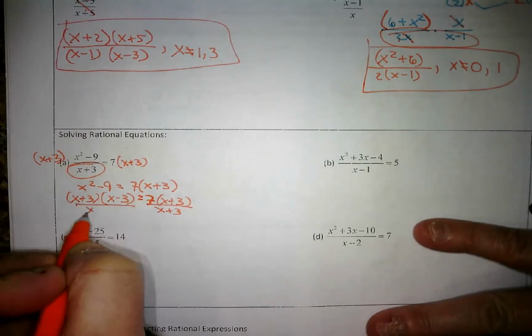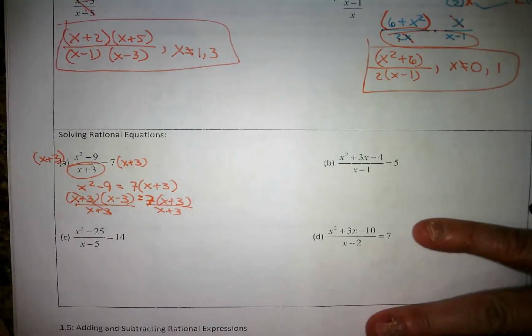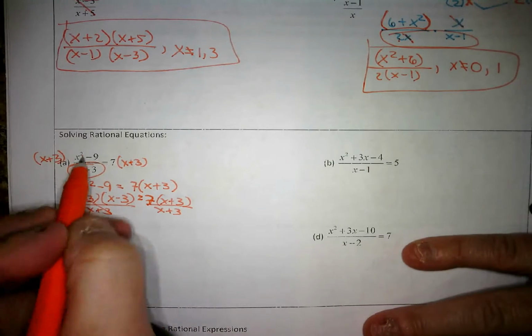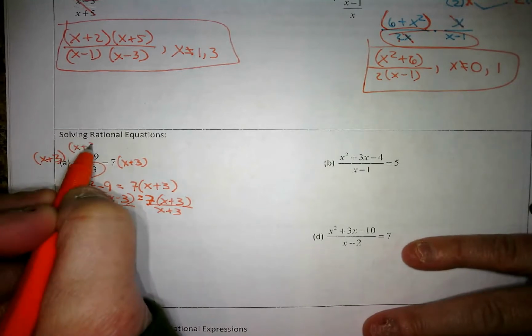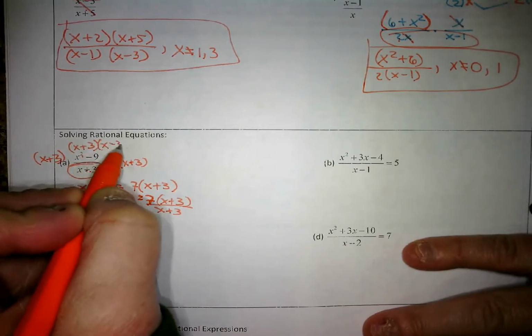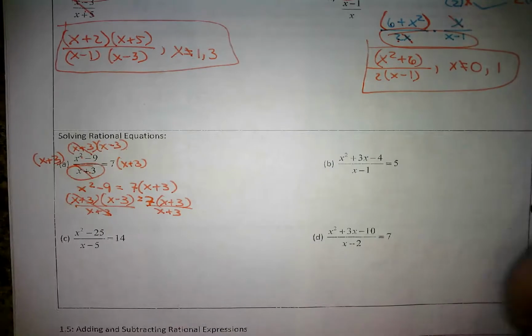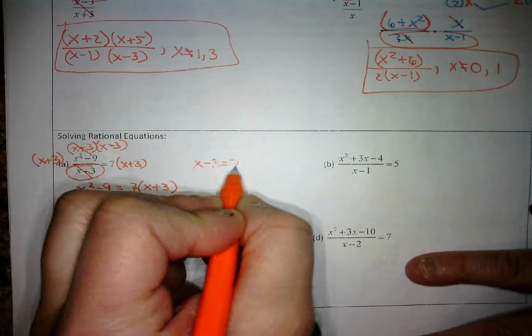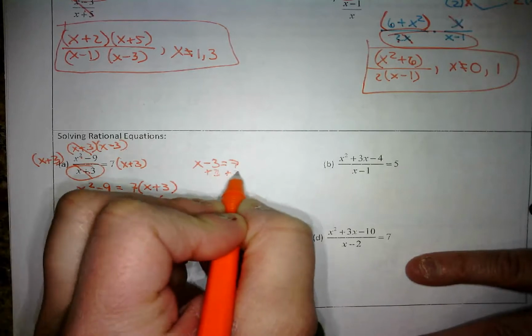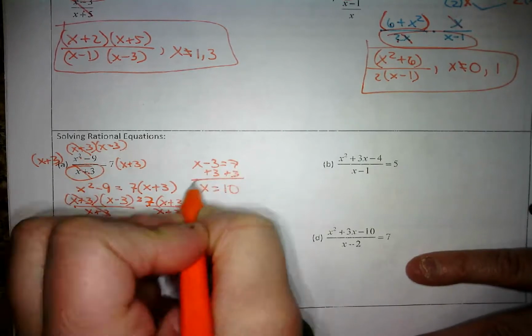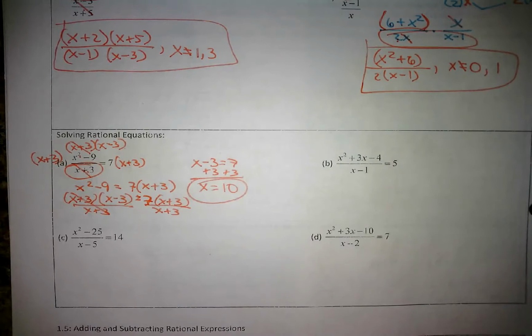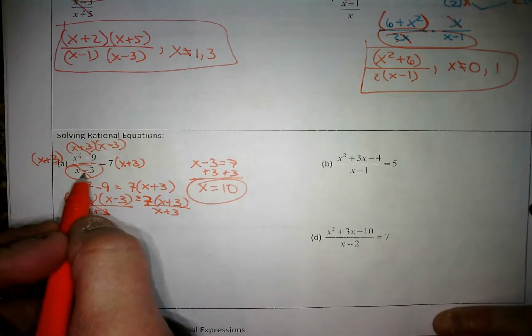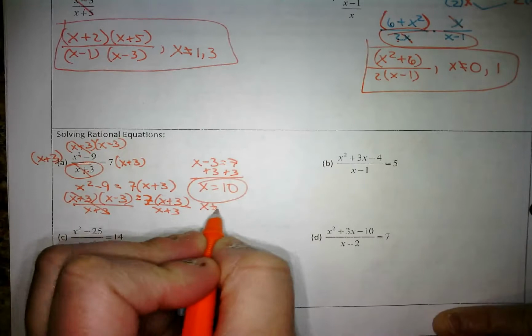If I had done x plus 3 times x minus 3 first, then those would cancel automatically. So now I'm left with x minus 3 equals 7, add 3 to both sides, and I get x equals 10. And I can plug it back in and check. Now the one thing I need to be careful of is I know that x cannot equal negative 3. So I need to check these to make sure that it fits.